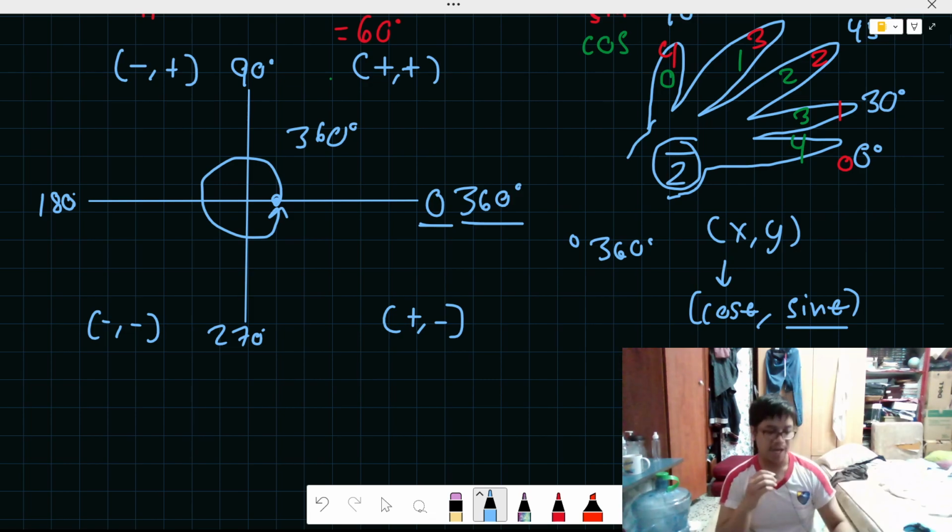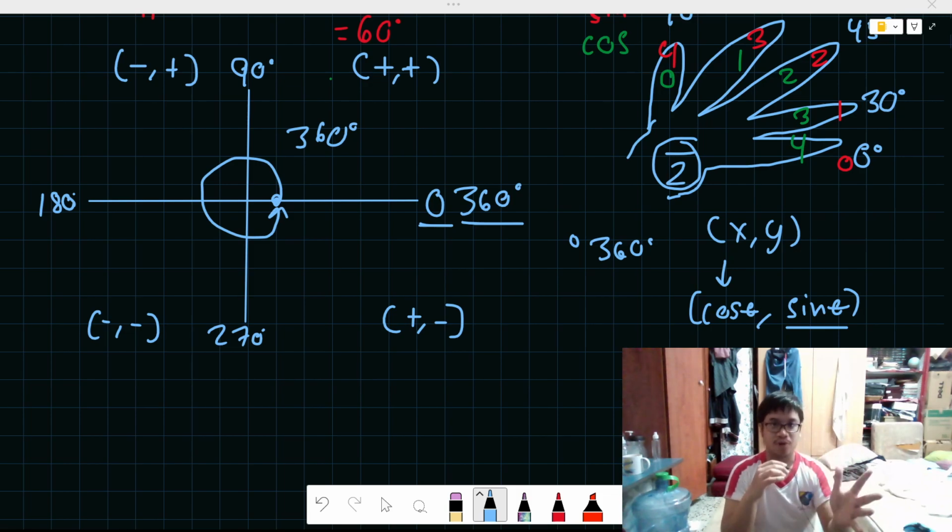Let's go back to your hand. Remember, 0 is always at the pinky. But since we're looking for cosine, we count from the thumb going to the pinky. So 0, 1, 2, 3, 4. We stop right at the pinky because the pinky is your 0 degrees.